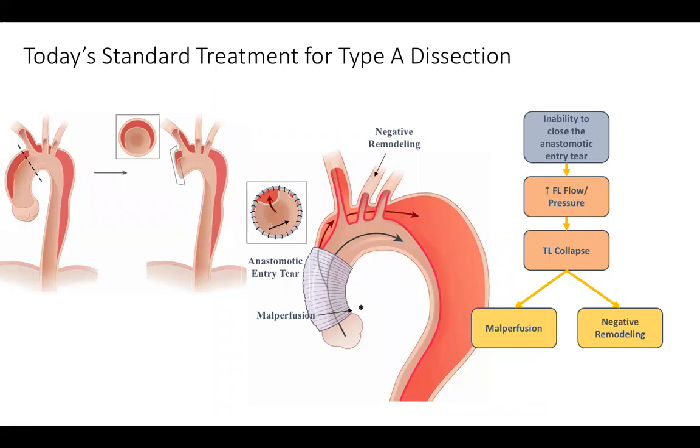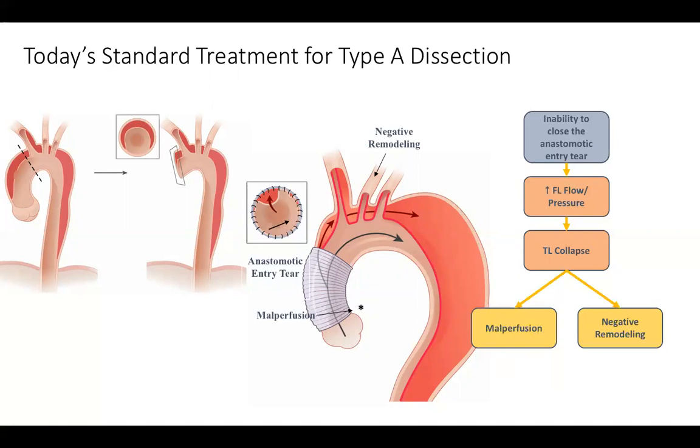And this is where you get malperfusion and, more importantly, remodeling. And I can tell you this is not a trivial or insignificant factor, because very contemporary recent studies show that up to a third of type A aortic dissections that survive come back with aortic arch aneurysms.